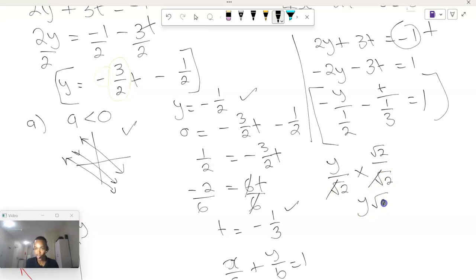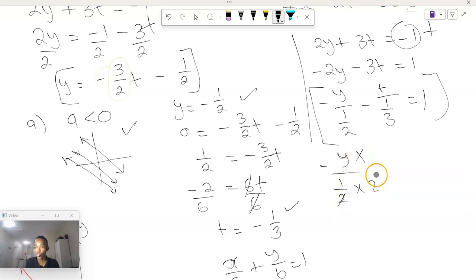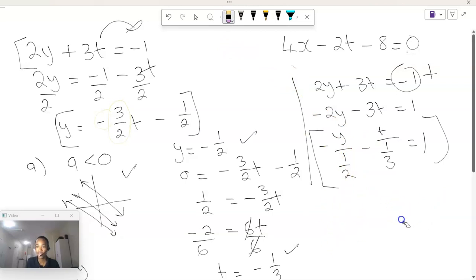I have y root 2 over 2. Same thing that we did here. If I want to go back to the original function, I have to rationalize, so y over a half, I'm going to times both sides by 2, so the 2 and 2 will move, and hence on top I will have 2y as my answer, which is basically the same as what we have here. And also do it for the t, and we'll get the same answer.